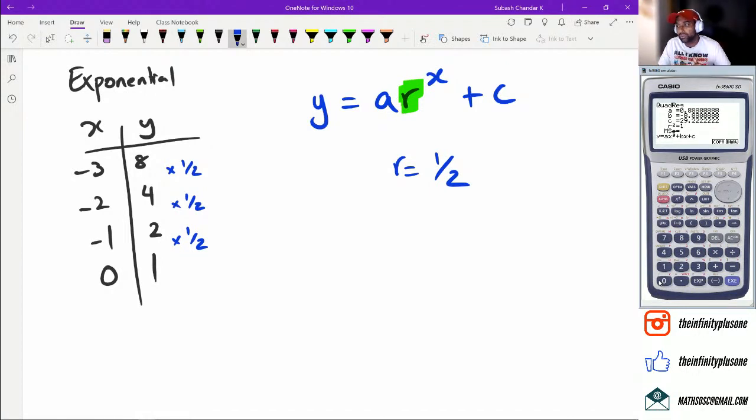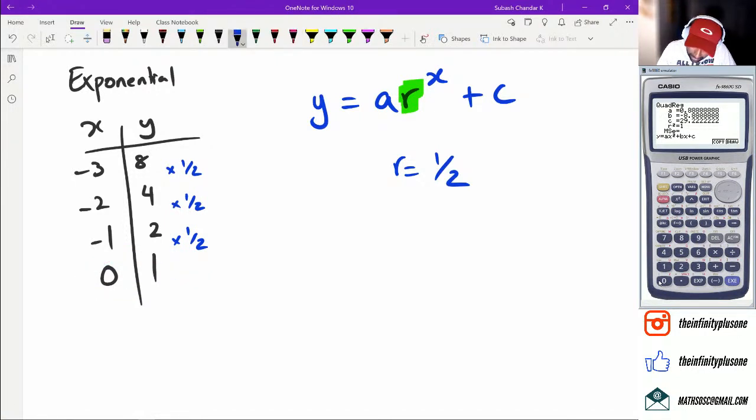Now that's another good thing to know. If your ratio is above 1, then you're going to get a graph that's going up. Our graph was going down as x tends to become big. The next thing is looking at this value right here. When x equals 0, y is equal to 1.